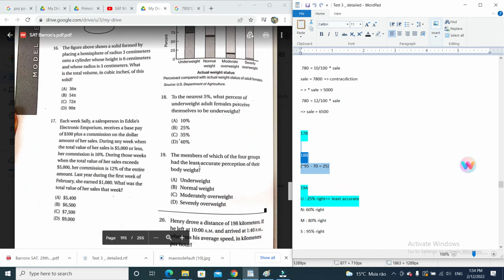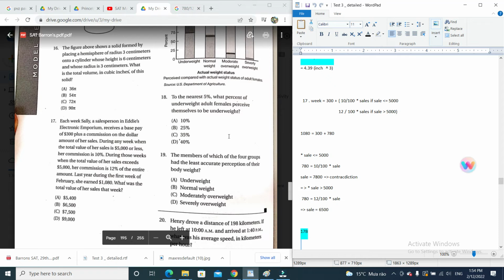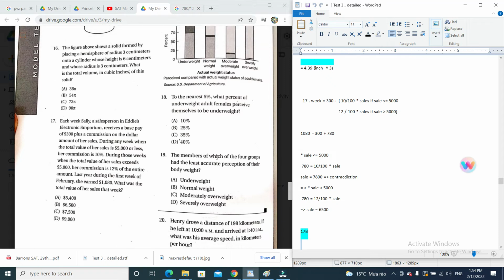Number 19, they ask which member of the four groups has the least accurate perception of their body weight.